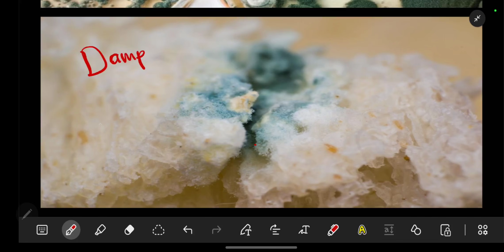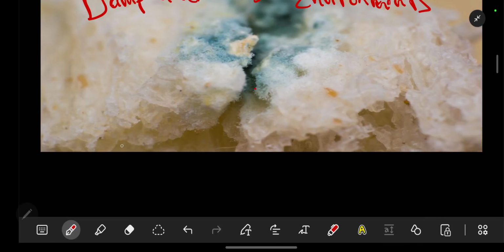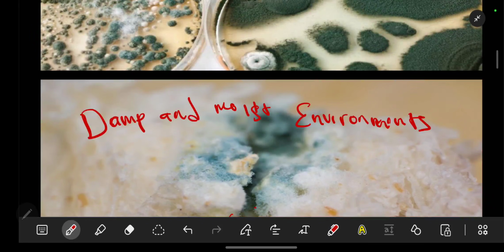and moist environments. So it is found in dark and moist environments. So that's where fungi is found. Like if you leave your food and the temperature is warm, fungi will be able to grow.